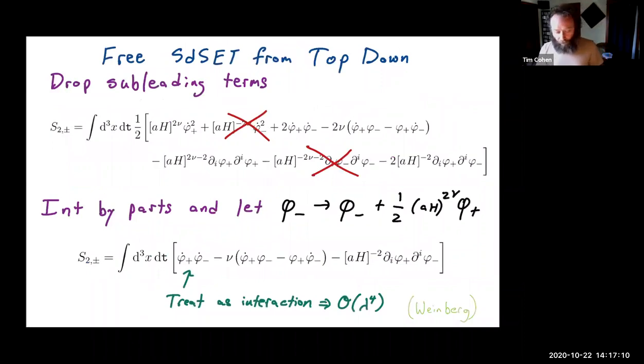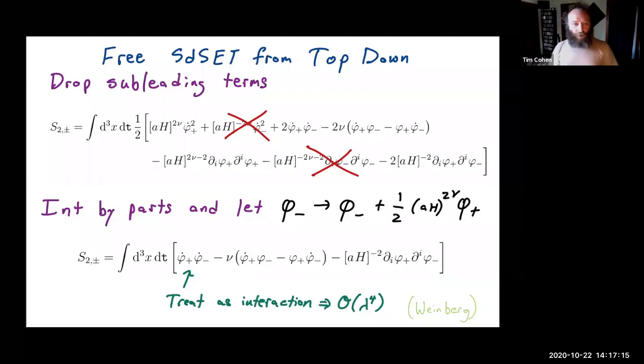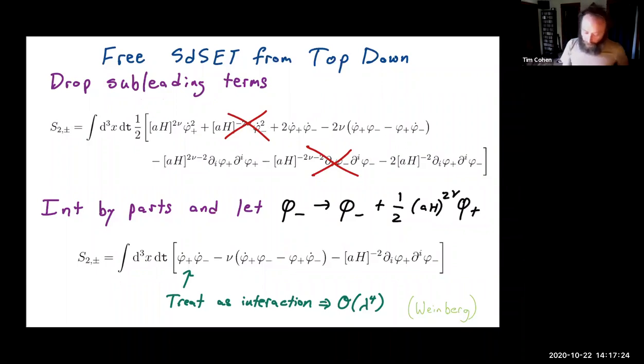So first, we're going to drop any subleading terms in terms of power counting, so that kills these two terms. You could take my word for it. It's just the range of the new parameter. And we can integrate by parts, and we can do the following field redefinition on phi minus.